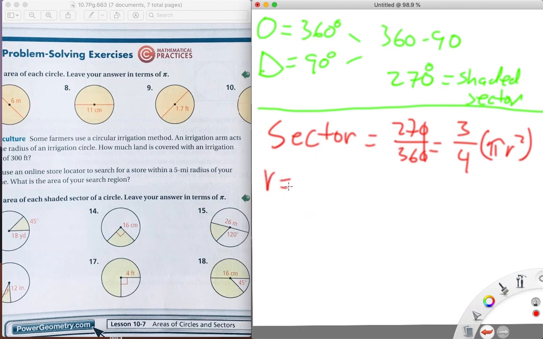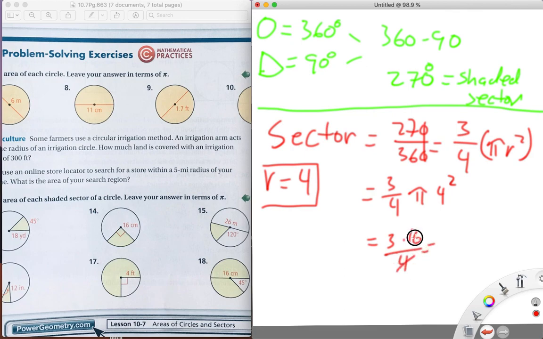So my radius in this case is 4. Which means we have 3 fourths times pi 4 squared, which means we have 3 times 16 over 4, which means we have 4 times 3, which is 12 pi. And it's going to be 12 pi feet squared.